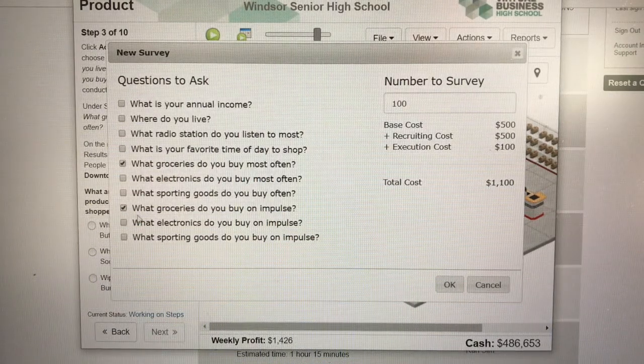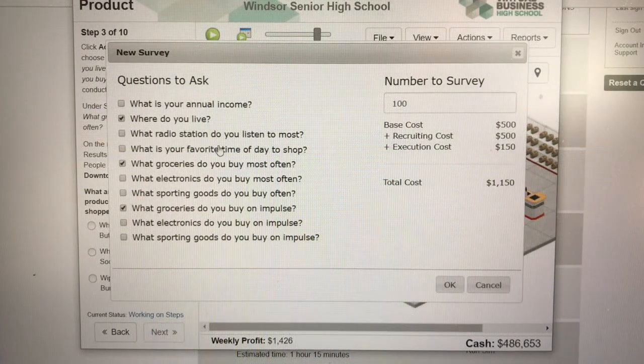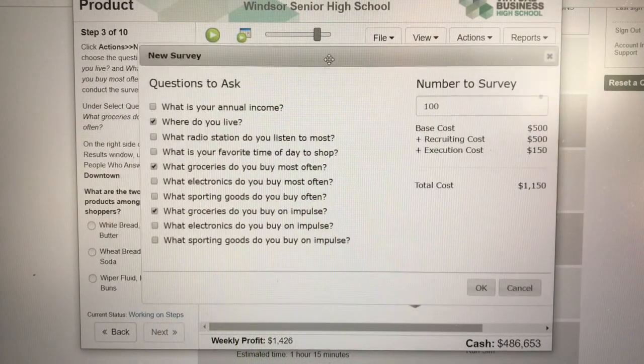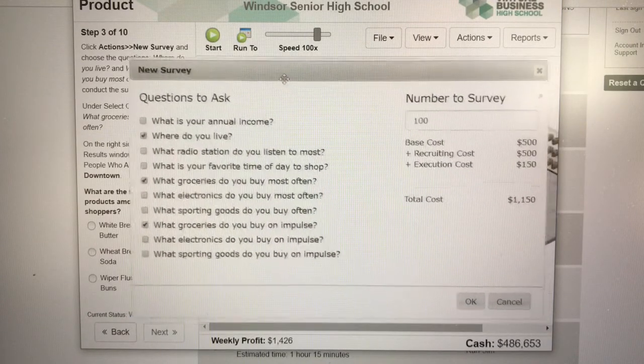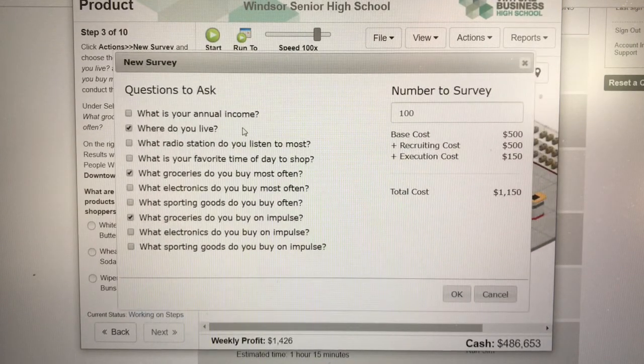And where do you live is important. You have to answer where do you live in this particular survey, because if you don't ask that, you're not going to be able to determine if they're a downtown resident or a suburban resident. So where do you live? What groceries do you buy most often? What groceries do you buy on impulse? Those are the 3 questions I'm going to ask.